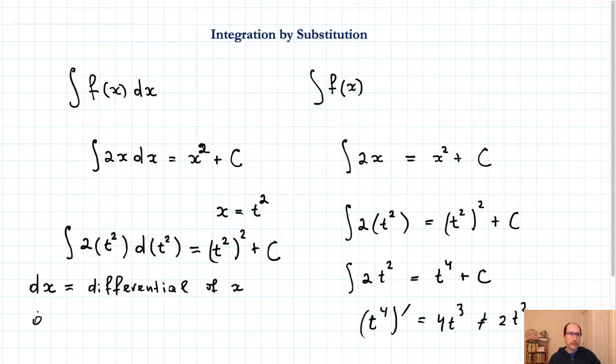Likewise, d of any function of x, or of t, or of any other variable, is defined to be the derivative of that function multiplied by the differential of the variable on which the function depends. If the function is f of x, then its differential would be the derivative of that function multiplied by dx.